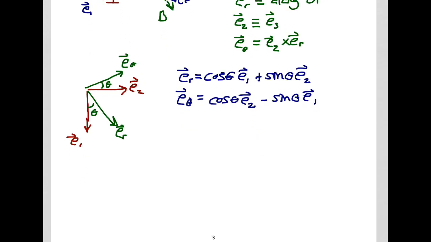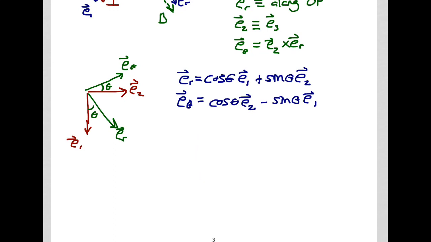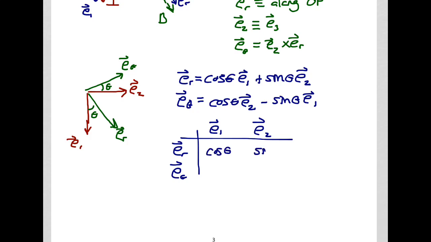So that gives us a transformation table in which we have E sub 1, E sub 2, and we're defining E sub r and E sub theta as cosine theta, sine theta, and then negative sine theta, cosine theta. So now we have everything we need to make those transformations back and forth between those bases.